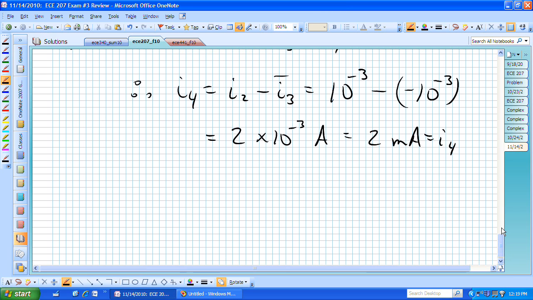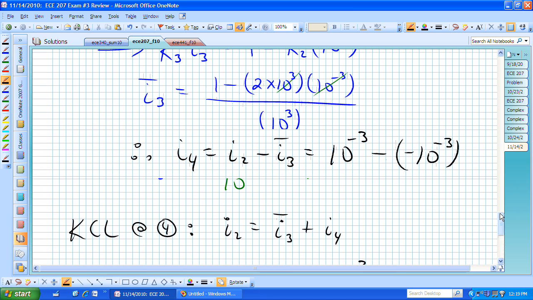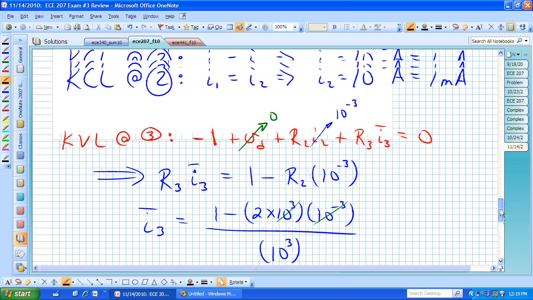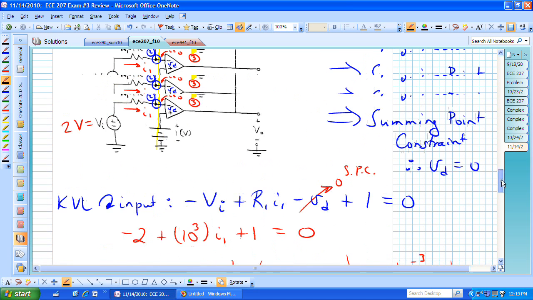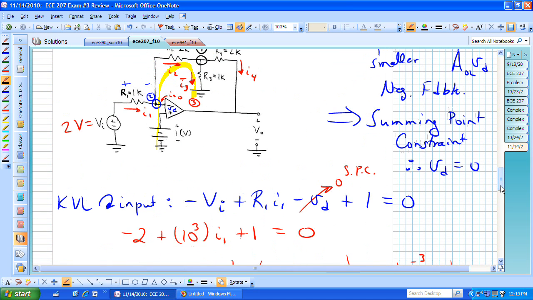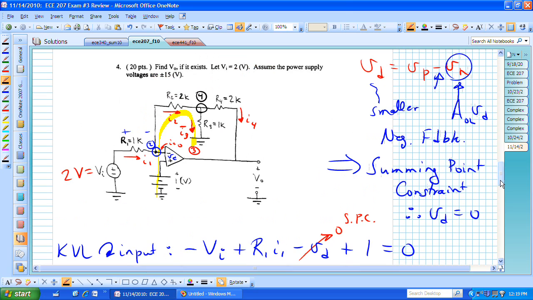Let's now go back to our circuit, and we're almost there. We now know all of the currents that we've labeled that really are in existence in this circuit. We want to find V0. We can do a KVL whichever way we want.